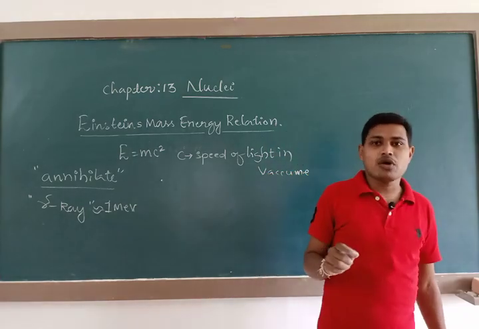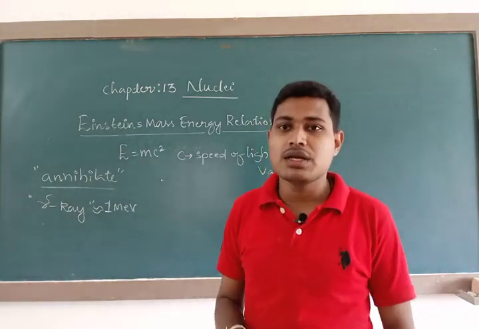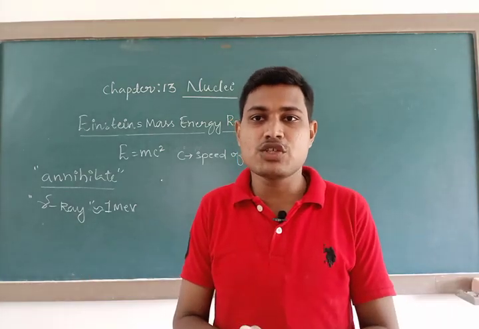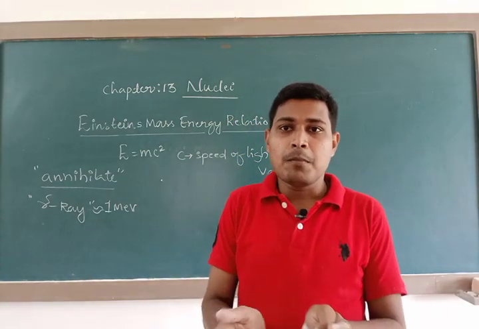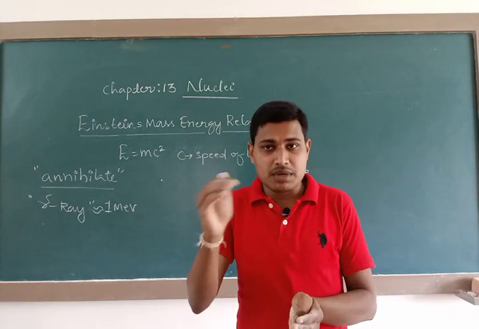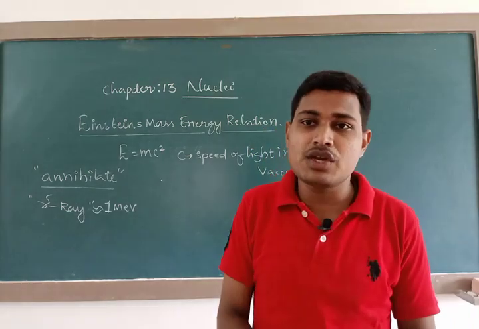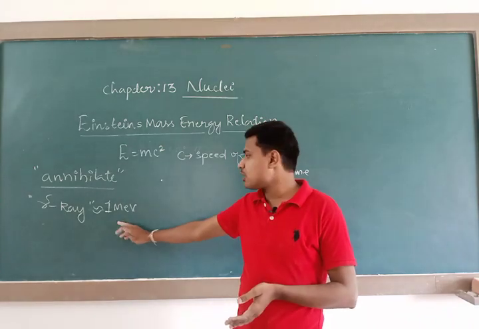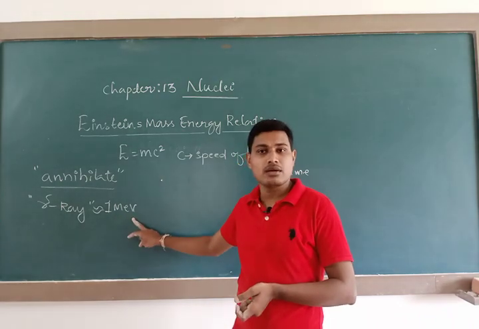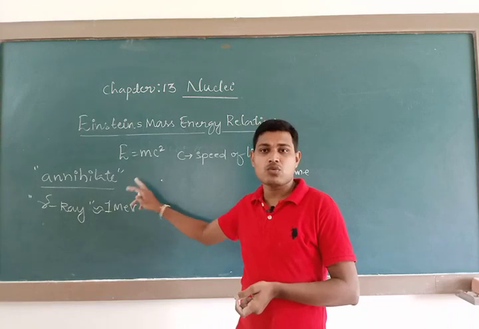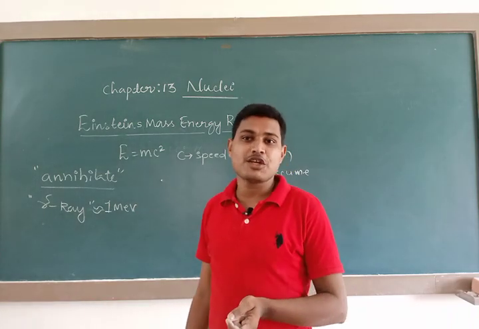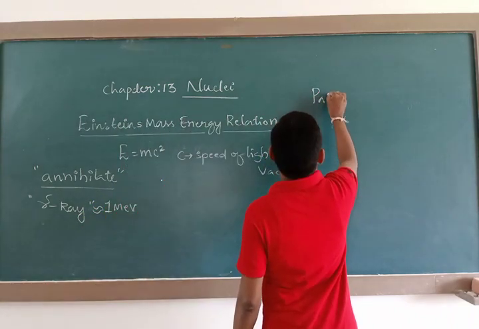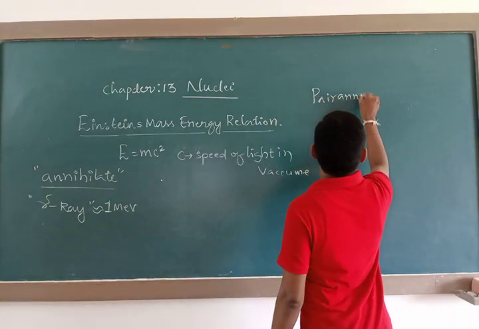It is the process in which the positron and electron come close to each other and destroy each other, but their mass is converted into energy and it emits gamma radiation of energy 1 million electron volt. This type of process we call pair annihilation.